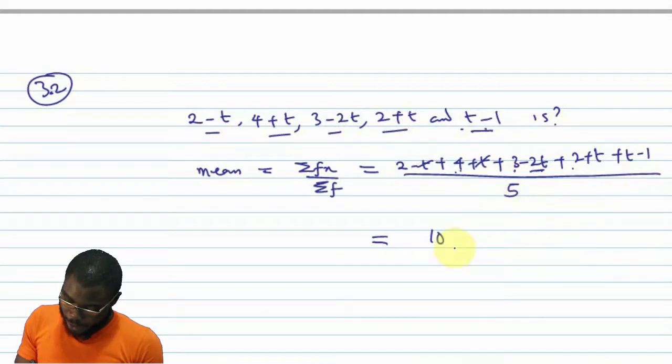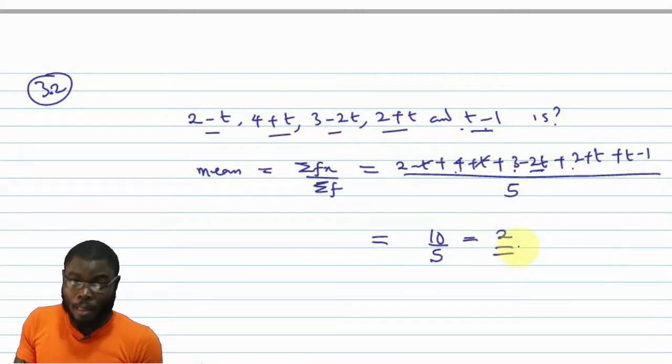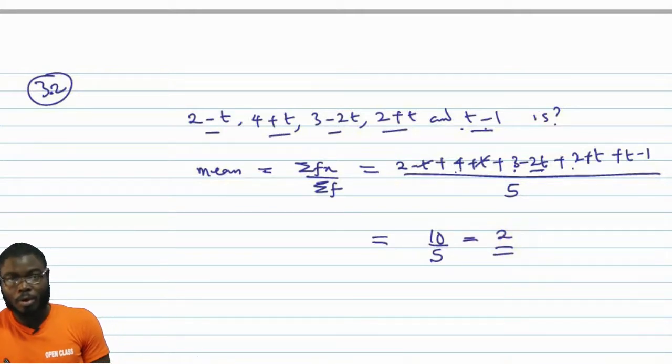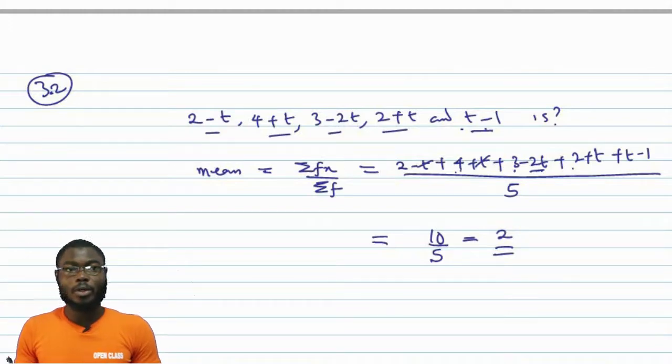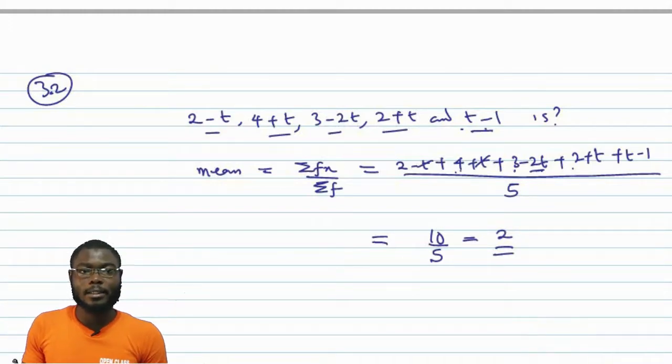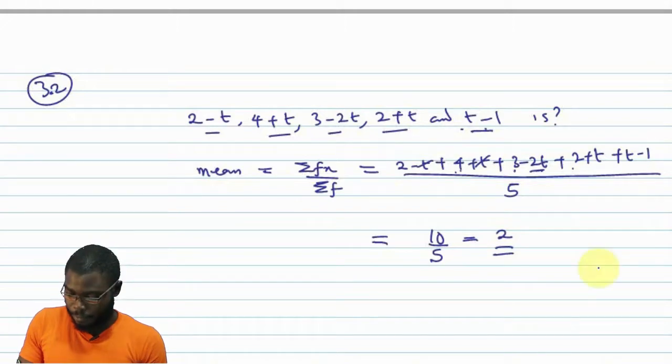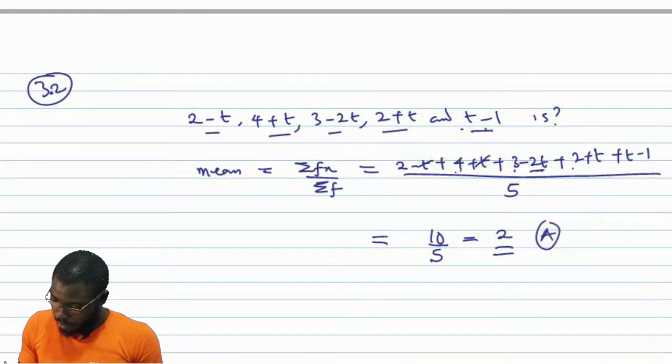So we have 10 over 5, which gives us 2. So that's the solution, and the answer is A. Now let's go to the next question.